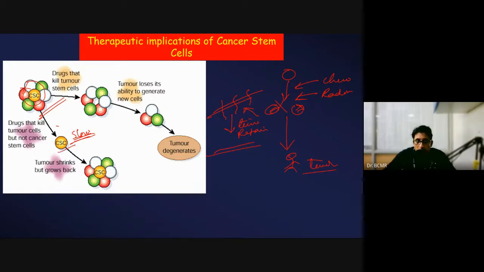So the cancer stem cell is kind of protected, and after the treatment, the cancer stem cells give rise to a tumor again. So the idea is to target the cancer stem cells so that they can be eliminated, and the other cells would be eliminated anyway through senescence, aging, and death eventually.